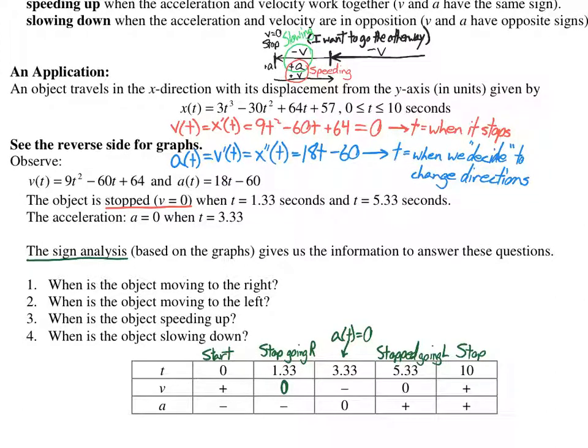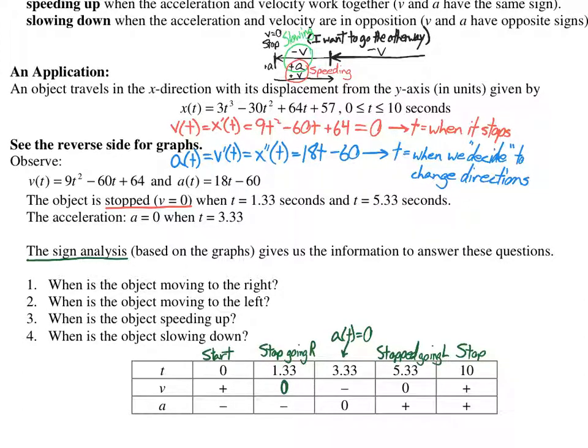But at the start, you plug in 0 to your velocity and your acceleration. The velocity is positive, 64. The acceleration is negative 60. All we really care about is the sign itself. So velocity is positive and acceleration is negative. So we're moving to the right, but the acceleration is actually slowing us down there.